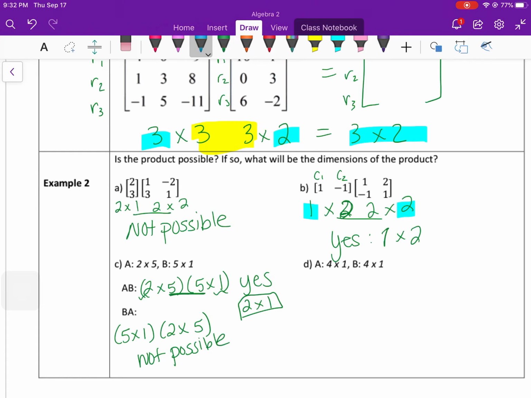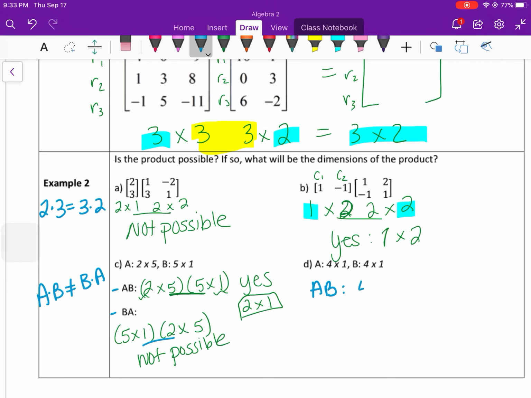Typically multiplication is commutative, which means that 2 times 3 is equal to 3 times 2. 6 equals 6. But matrix multiplication is not commutative, and this should show it right here. A times B is not equal to B times A, because the dimensions are different when you multiply them sometimes, and sometimes it's not possible.